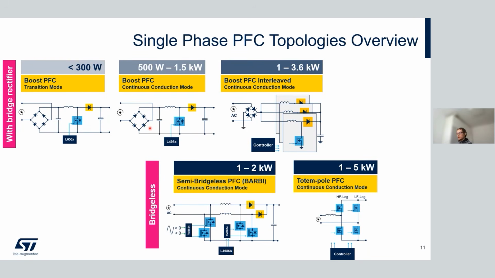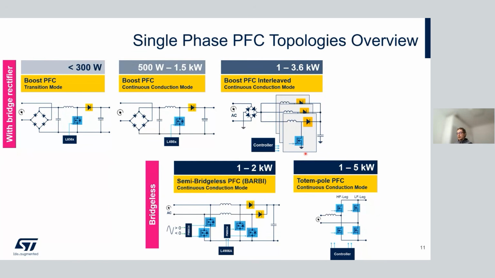With the higher power, we usually go from the soft switching to the hard switching topologies, where we use the continuous conduction mode, and we are able to achieve a few hundreds of watts of output power. In case we would like to achieve more, usually the single stage is not enough for the single component, and we are using some kind of interleaving to get the higher power levels.